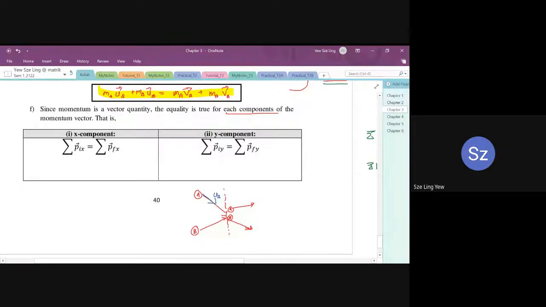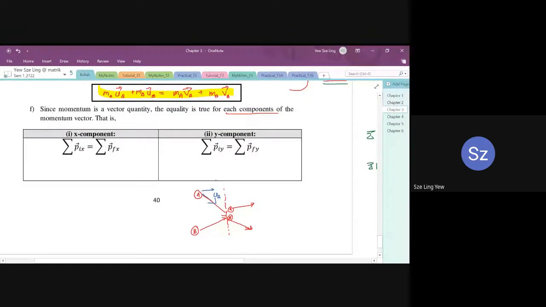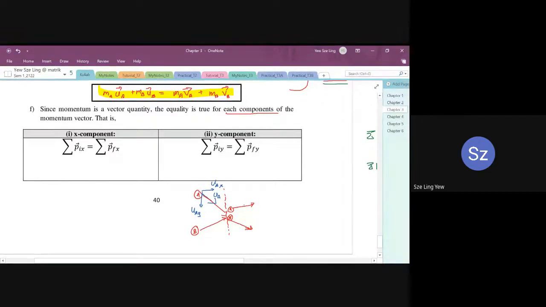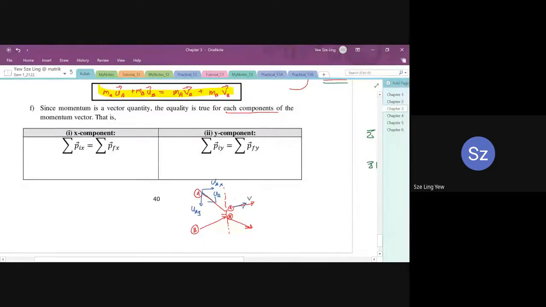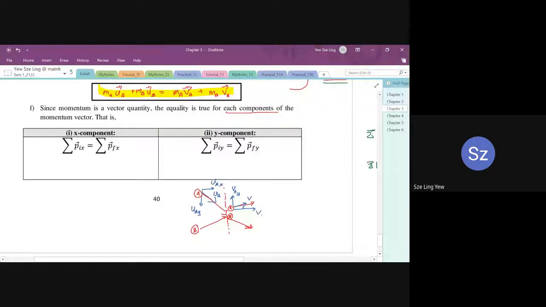You need to resolve it into UAX and UAY. After collision, this is your V, so you resolve it again into VAY, the Y component, and VAX, the X component.